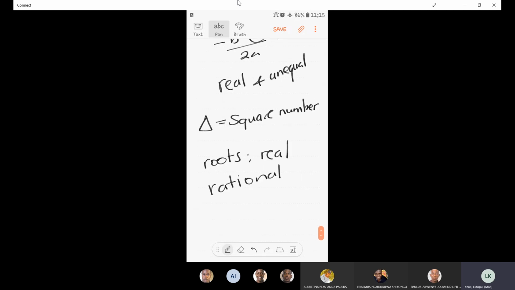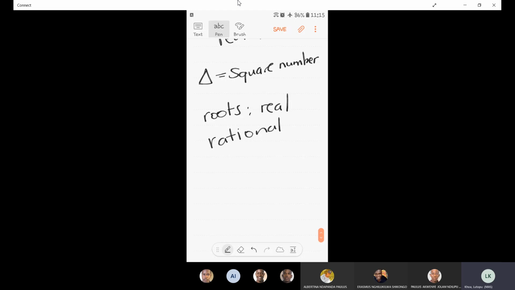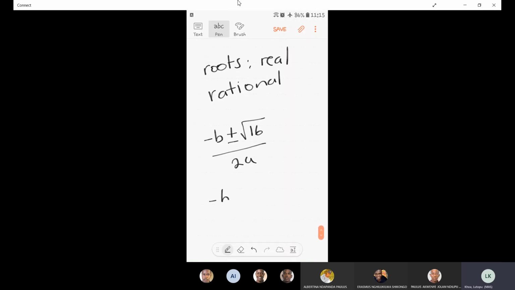Okay, so we can try it here. If I have minus b plus or minus, and I put a square number there, let's say 16, divided by 2a. This is minus b plus or minus 4 over 2a. The numerator over here is an integer. The denominator over there is an integer. So what I have is rational.